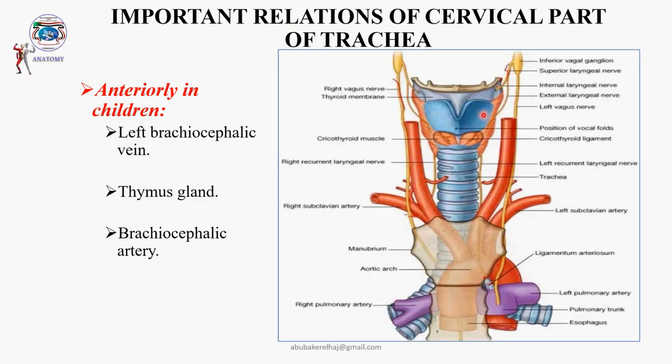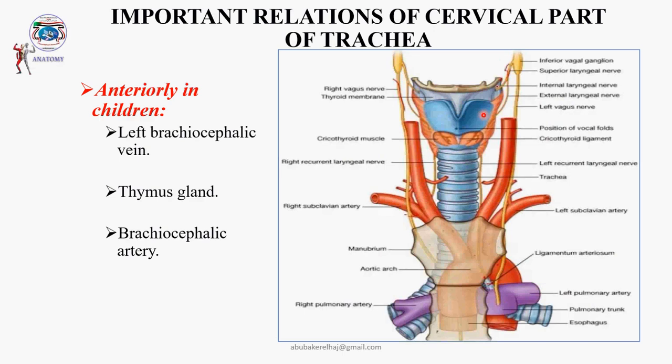Then the major important relations of the trachea: we have the anterior, the two lateral sides, and also posteriorly. The most important relations are commonly along the anterior aspect more than the posterior aspect.